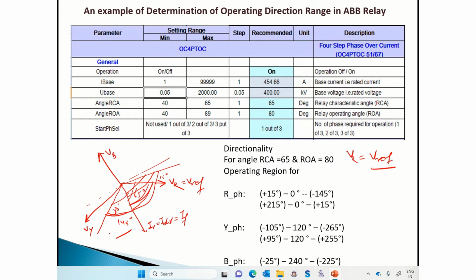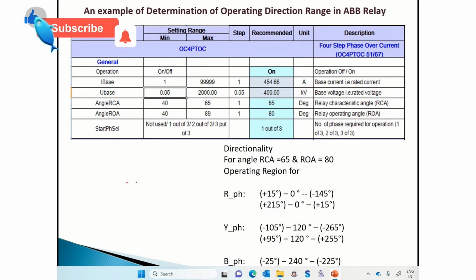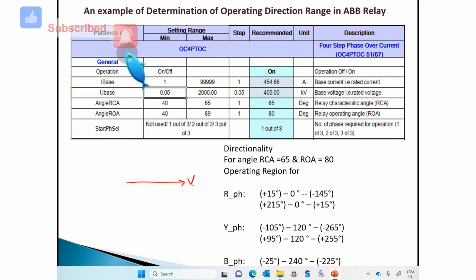And this side is our operating region. Now let us draw it again in simple terms. This is my VR, or V reference, and the operating region is from this 15 degrees to this 145 degrees. This is my operating region.